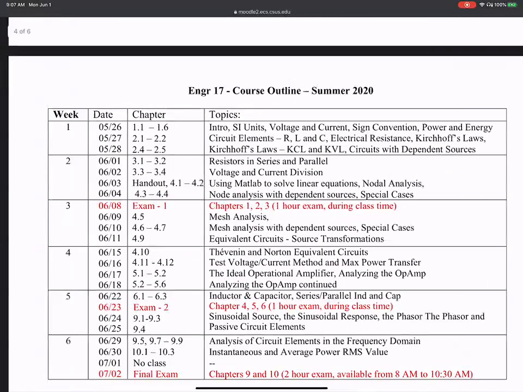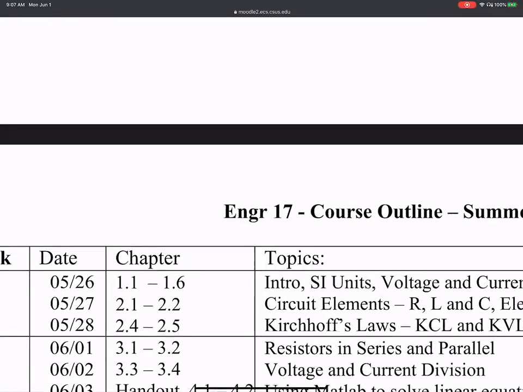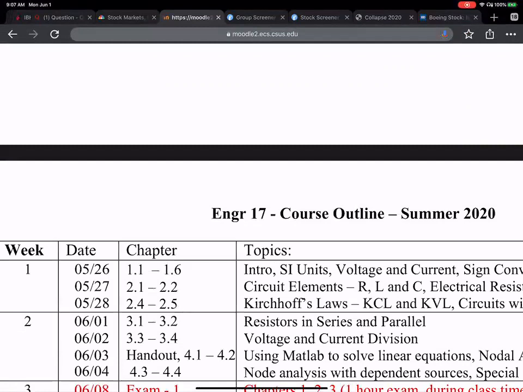For 6.1 and 6.2, our goal is to have completed resistances in series and parallel, and voltage and current division circuits. As a matter of fact, we are ahead of schedule, so probably we can stop here. We'll come back and work on some problems and see if we can move further along. Okay, questions, please.